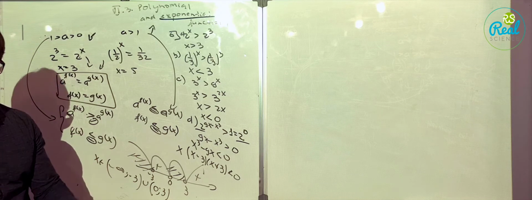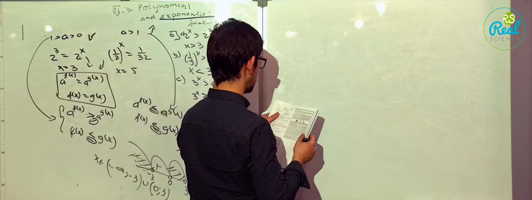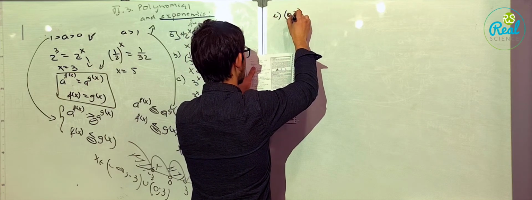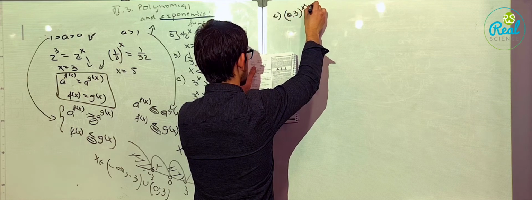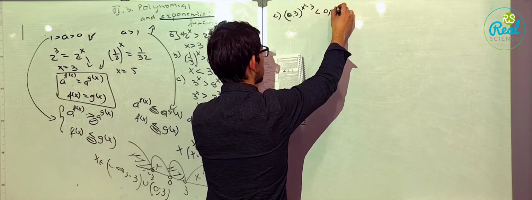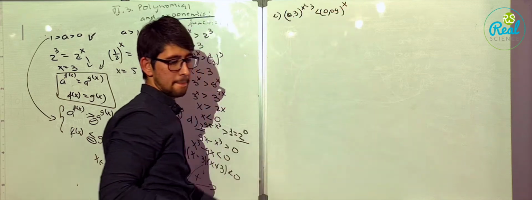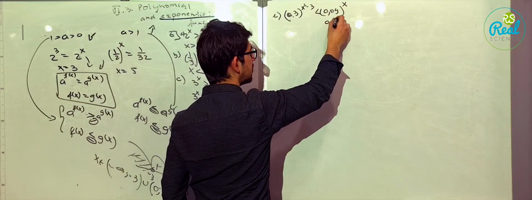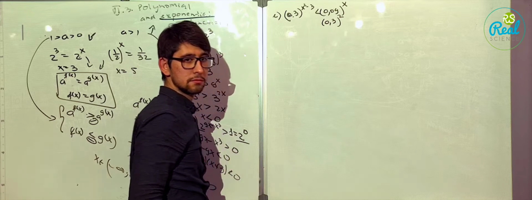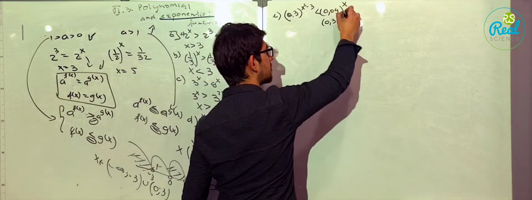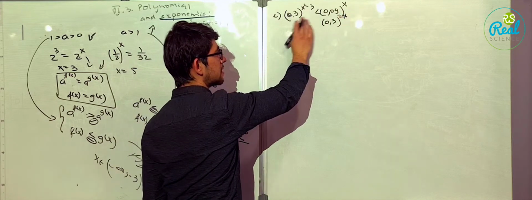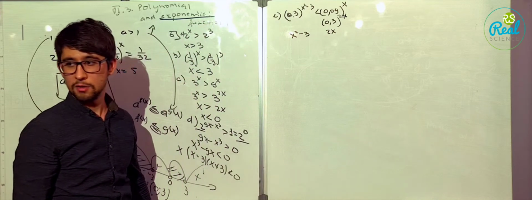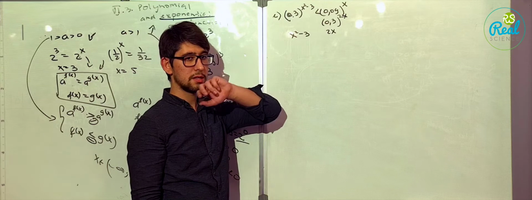If you understood it, E part. 0.3 to the power of x squared minus 3 less than 0.09 to the power of x. So 0.09 is 0.3 to the power of 2, isn't it? And you have power of a power, so you have 2x. You drop their bases, but what about the sign? Diora, can you tell us? Will you change the sign or keep it as it is?